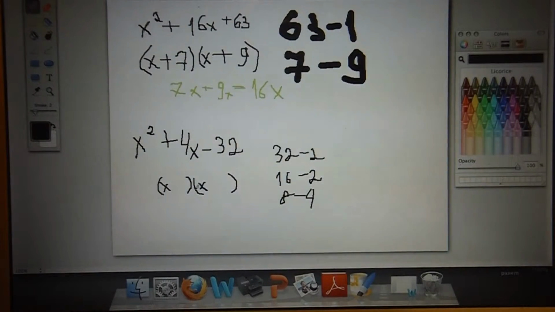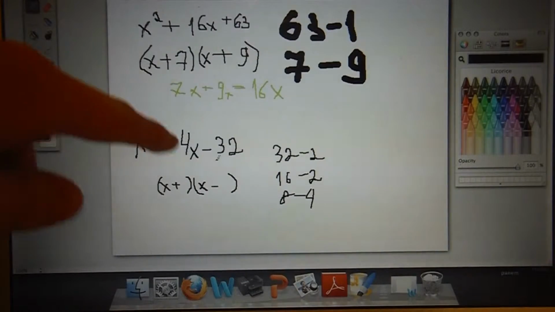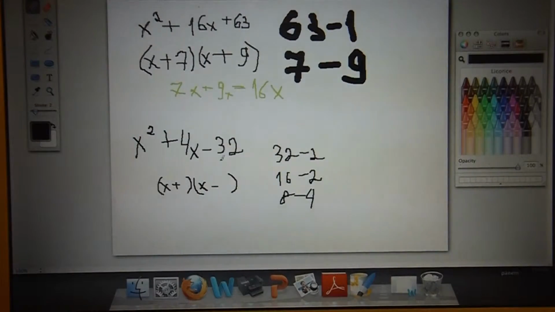But here's the problem. Since we have a positive and a negative, which one should we make positive and negative? When those multiples were added, they equaled positive 4x, and the only way that can happen is if the positive number is bigger than the negative one.